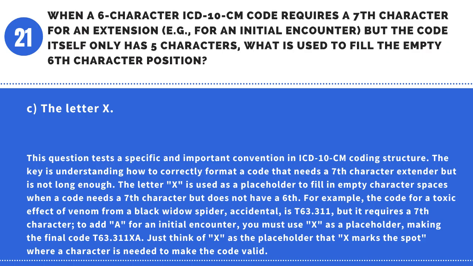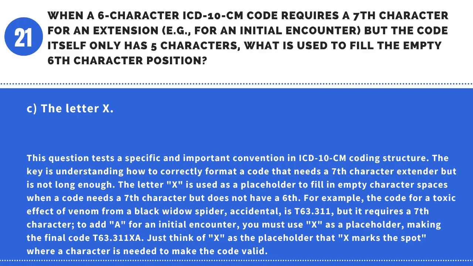This question tests a specific and important convention in ICD-10-CM coding structure. The key is understanding how to correctly format a code that needs a 7th character extender but is not long enough. The letter X is used as a placeholder to fill in empty character spaces when a code needs a 7th character but does not have a 6th.